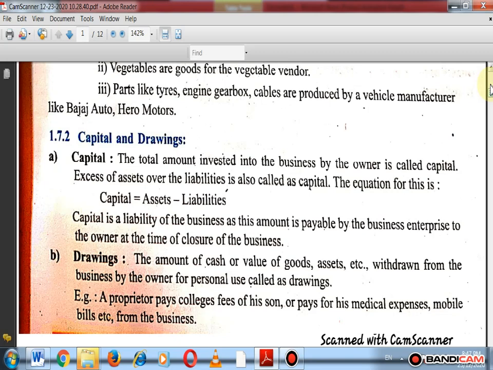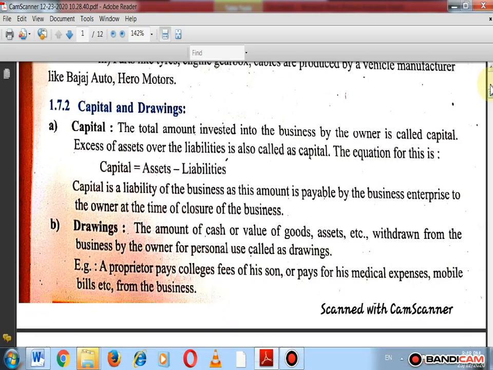The equation for this is capital equals assets minus liabilities. The balancing figure is called the capital of the business organization. So it is very easy to find out the capital: total of assets minus total of liabilities gives the capital of the business organization.